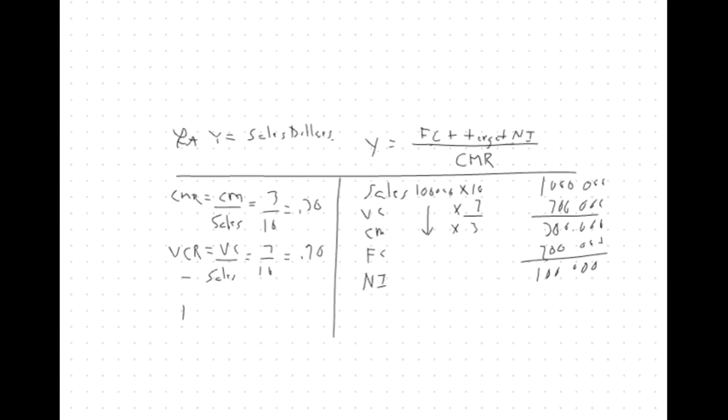So if I want to know the sales dollars for the company you see on the right, I'm going to take Y equals the fixed cost of 200,000 plus 0 divided by the contribution margin ratio of 0.30.